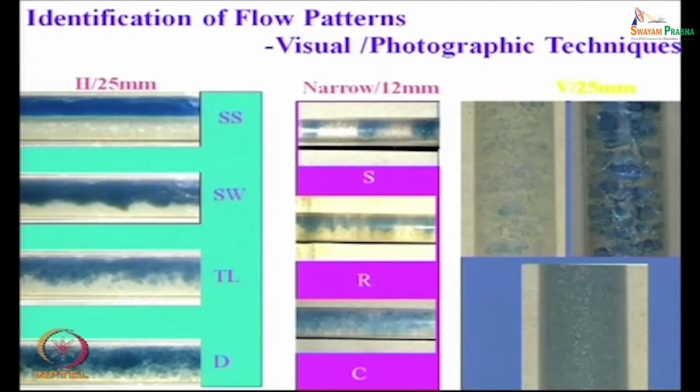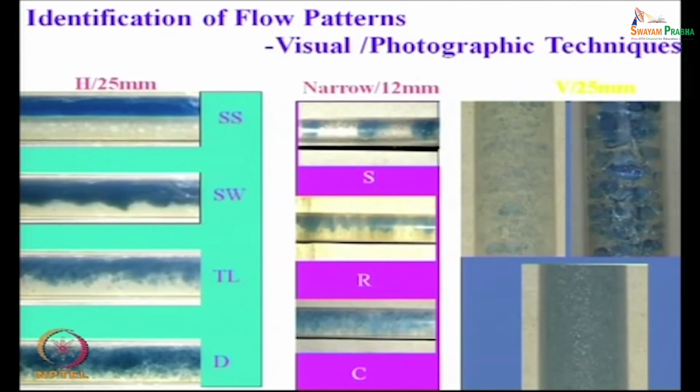But interestingly, as the pipe diameter reduces, you can see from this slide, for a horizontal pipe, as the diameter is reduced from 25 millimeters to 12 millimeters, a tendency of slugging occurs. Definitely the kerosene slugs are not as well defined as the Taylor bubbles, but some sort of a tendency of slugging starts to occur.